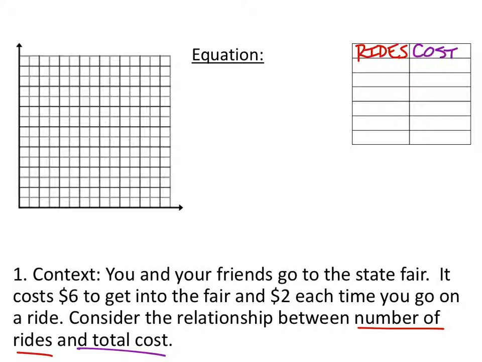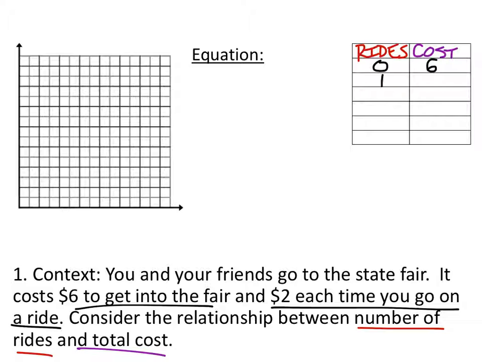Now here's the thing: we know if you go on 0 rides, that's just entry into the fair. It said that it costs $6 to get into the fair. So if I go on 0 rides and I just go into the fair, it's still going to cost me $6. But then it says it's $2 every time you go on a ride.